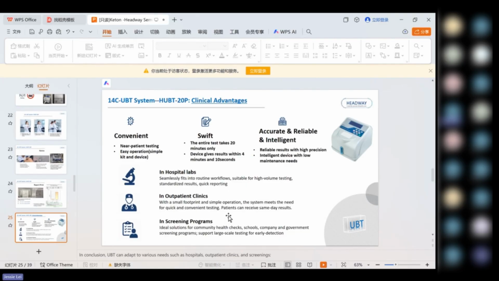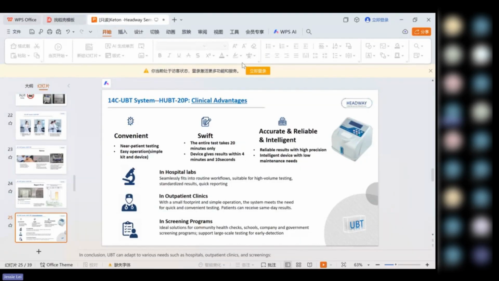In outpatient clinics, our analyzer meets the need for quick testing, and patients can receive same-day results. No need to make several visits to the hospital.